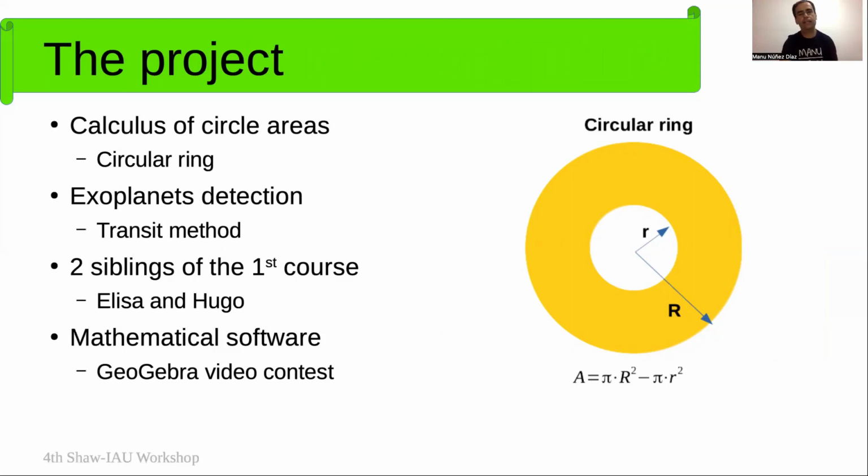Then I realized that these composite figures look, in some way, like the transit method in exoplanet detection. So I selected two siblings from the class, Elisa and Hugo, to work with me on this project. The final product was a video for the GeoGebra contest held by the Canarian Society of Math Teachers.